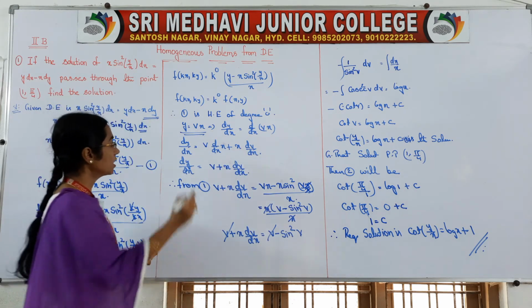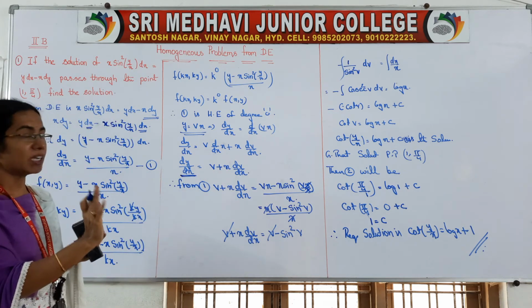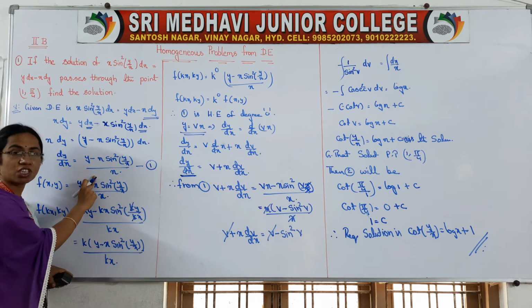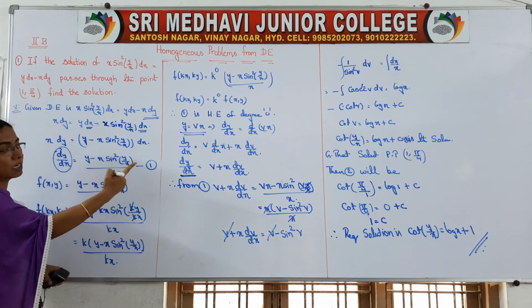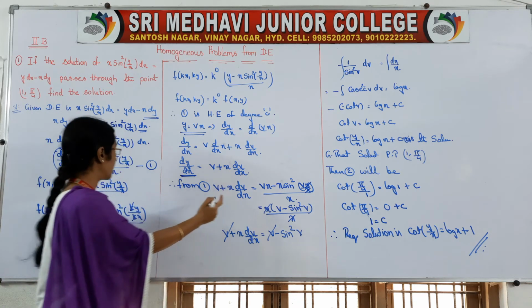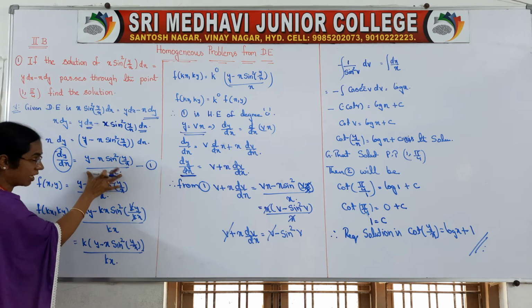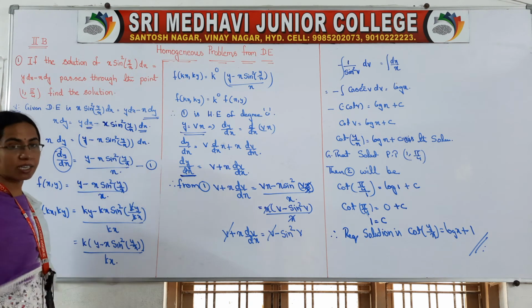With that you get dy/dx. Now take equation number 1: in place of dy/dx we take v + x dv/dx, and wherever y is there we take vx.